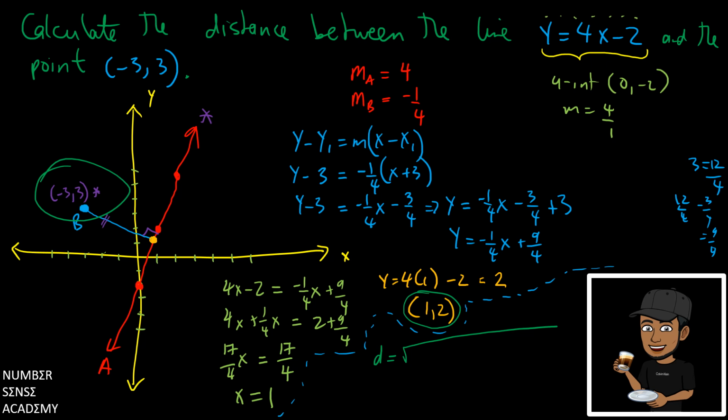The x's are 1 and negative 3, so it's going to be 1 minus negative 3, squared, and the y's is going to be 2 minus 3, squared, which is equal to the square root of 1 plus 3 is 4 squared, which is 16, plus 2 minus 3 is negative 1, and negative 1 squared is 1. So I'm taking the square root of 17. If you plug that into your calculator, you get about 4.12.